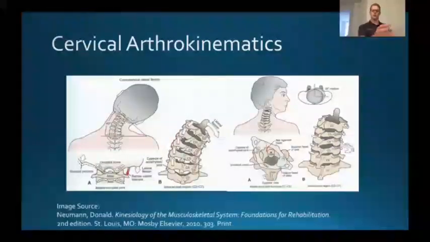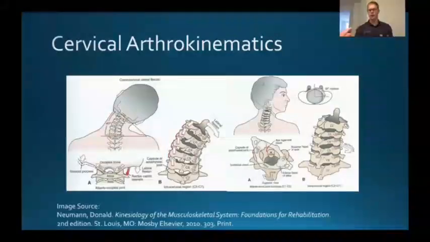So in the picture on the left, the cervical flexion to the right, he's closing on the right and then opening on the left, essentially flexing on the left side and extending on the right side. The same thing is true for rotation. Again, if you rotate all the way to the right, look as far as you can, the right side is going to be relatively closing down. The left side is going to be opening up.